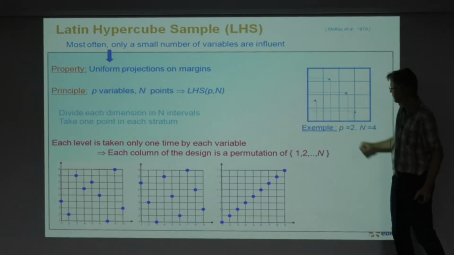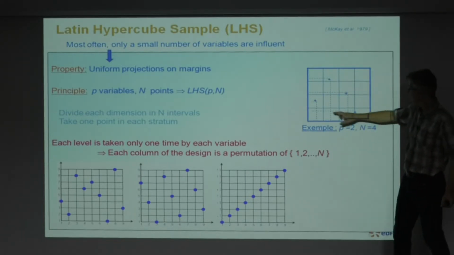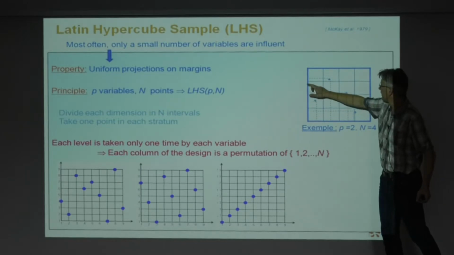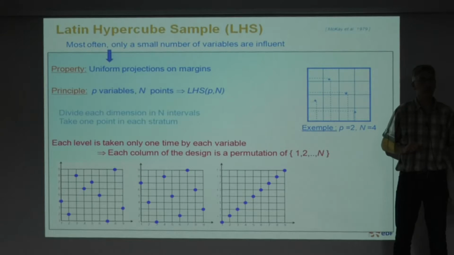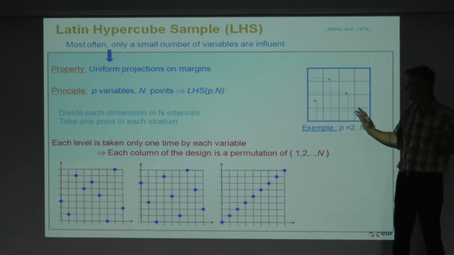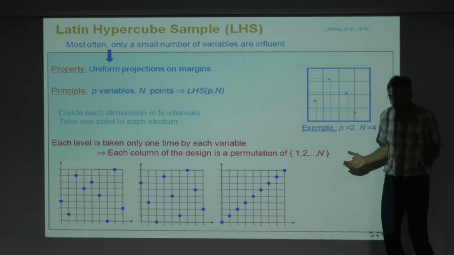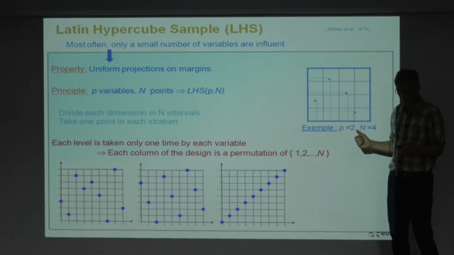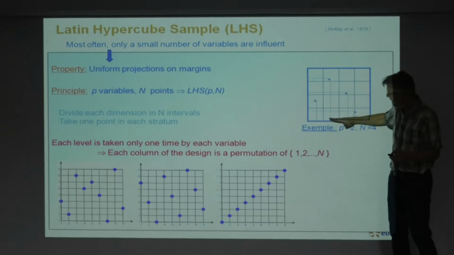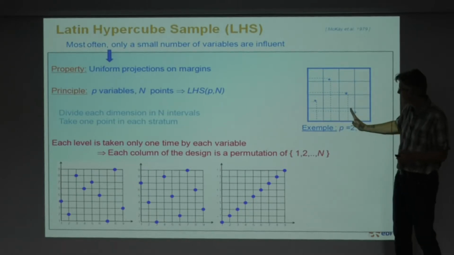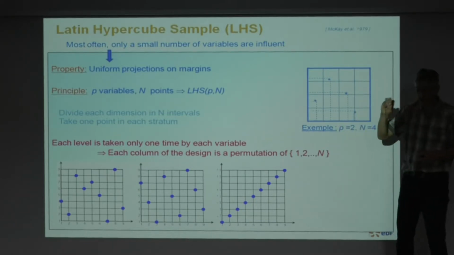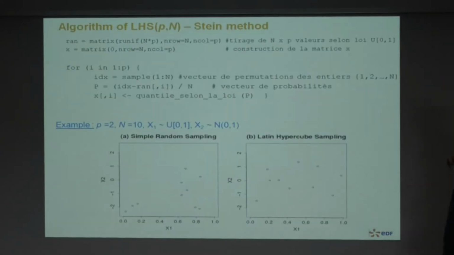And for dimension 2, the permutation is 1, 3, 4, 2. Okay? It's clearer with this? And so by doing this, we ensure that each stratum of each coordinate will be tested only once.